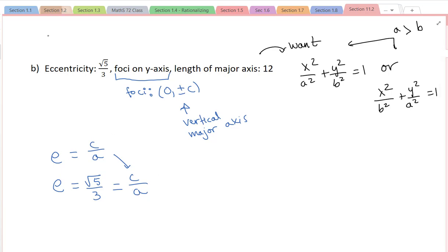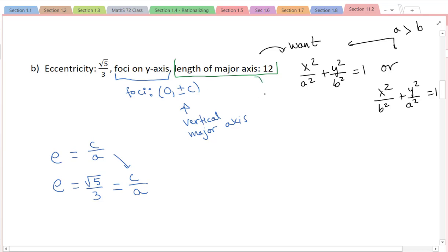So let's go back to the problem. So I know the eccentricity. Foci on the y-axis told us that it was a vertical major axis. What we haven't used is the length of the major axis is 12. Remember, the length of the major axis is double a, so 2a is equal to 12. So a is equal to 6.